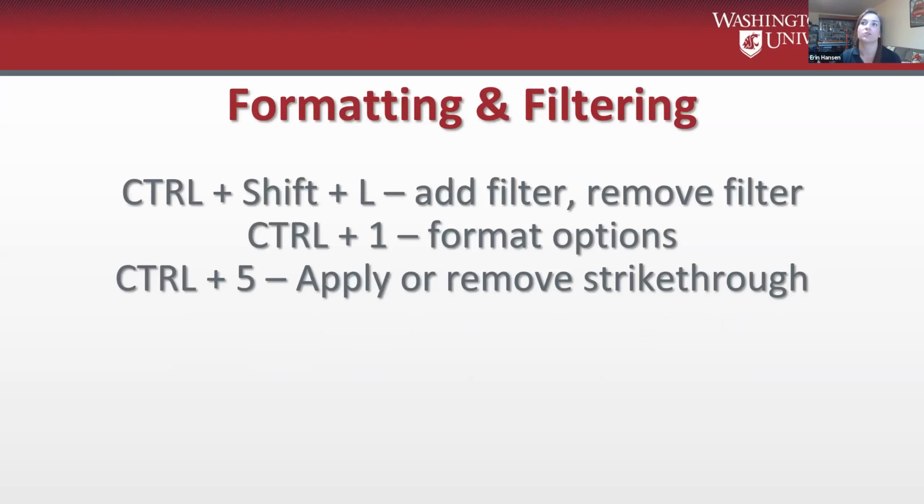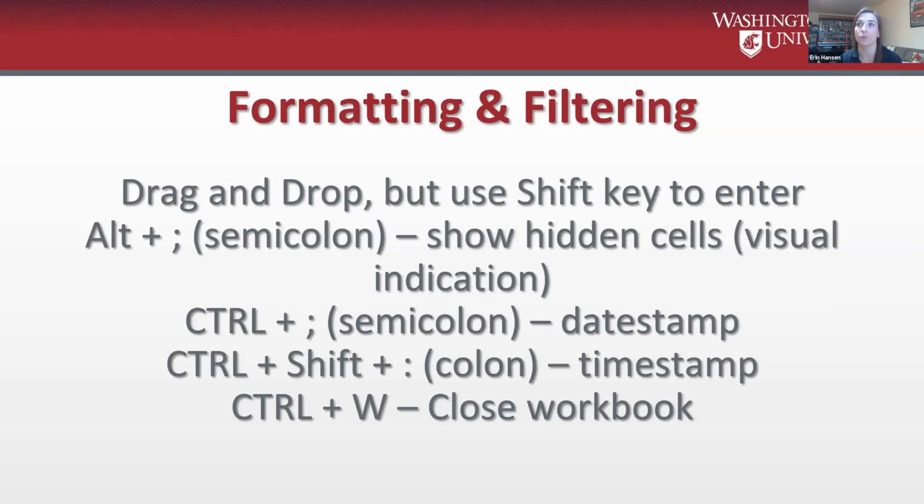These next few address formatting and filtering text. Control Shift L allows you to add and remove filters quickly. Control 1 opens up the Format Cells options window, and Control 5 will allow you to apply or remove a strikethrough. Some additional functions are the drag and drop function, but you'll use your Shift key before you let go, so that you're inserting data and not overwriting data.